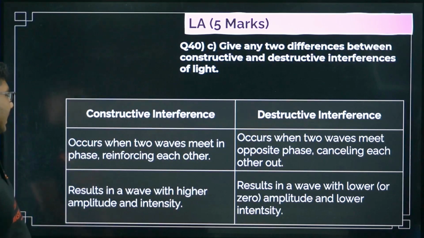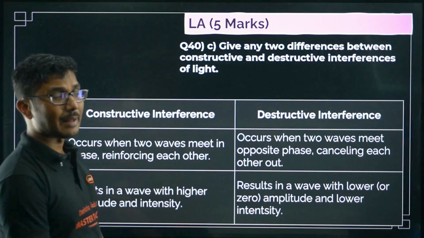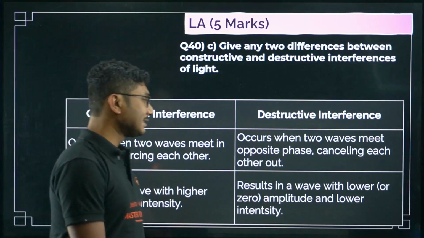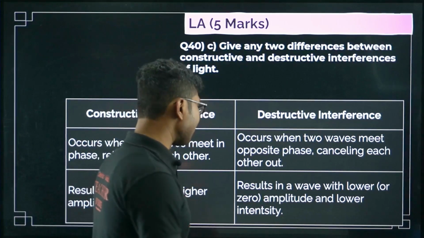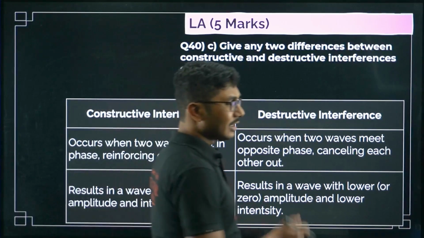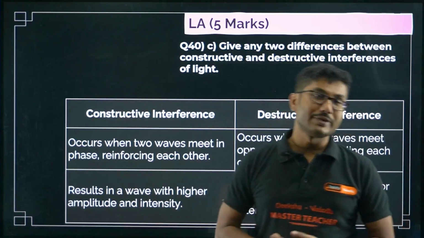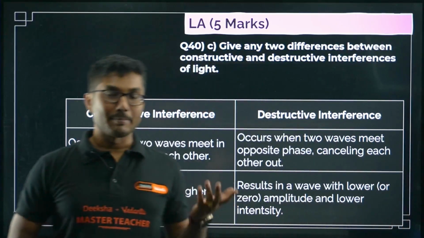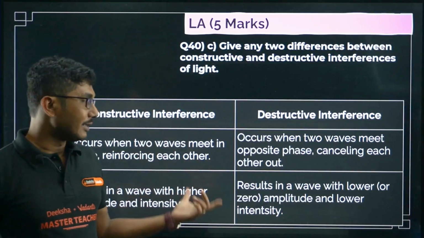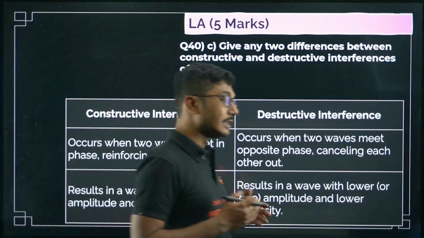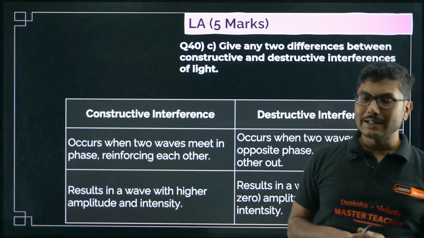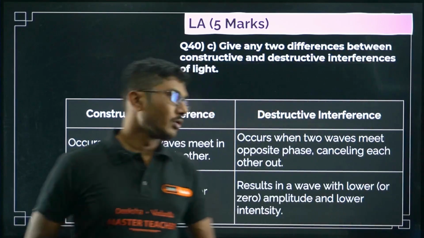Constructive results in a wave with higher amplitude and intensity, so intensity and amplitude both increase. Destructive results in a wave with lower or zero amplitude and lower intensity. If the interference is happening between two equal waves, then intensity will be zero, amplitude will be zero. But in case the intensities of the two waves are not the same, then it will not be zero. Okay, that's it.